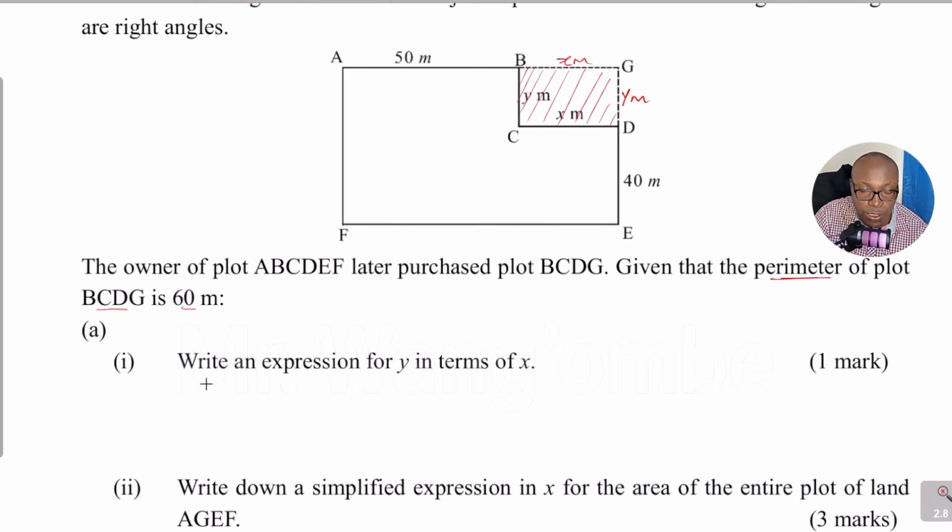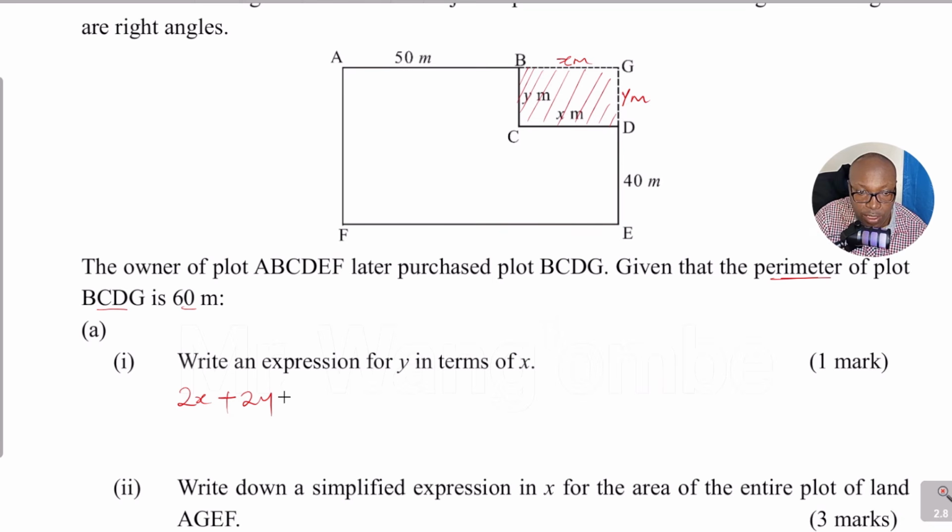So the perimeter, which is 60, is given by 2x, because we have x from BG and x from CD, plus 2y from BC plus DG.